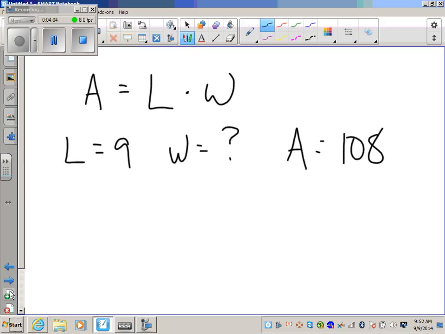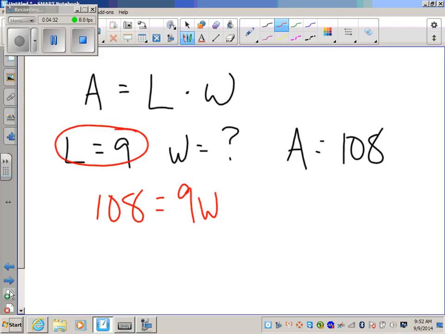Okay? We have enough information right now to solve this equation. All we have to do is substitute. So I know the area. A is 108. I know that length is 9. I just don't know W. So all I did was plug everything in that I knew. For the letters that I had, length was 9, area was 108.